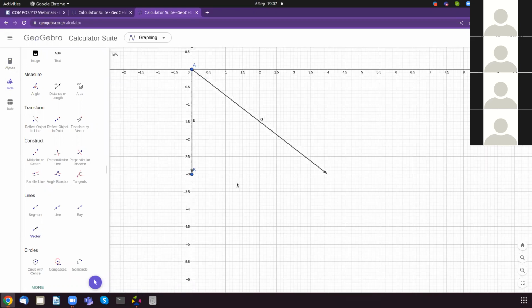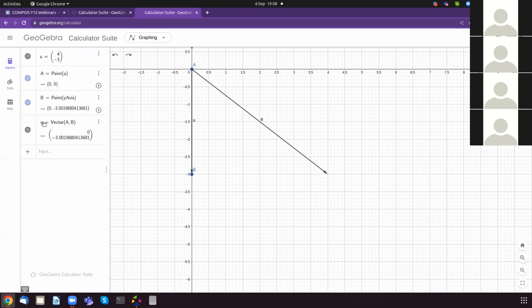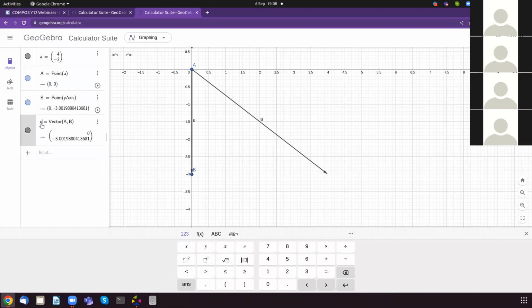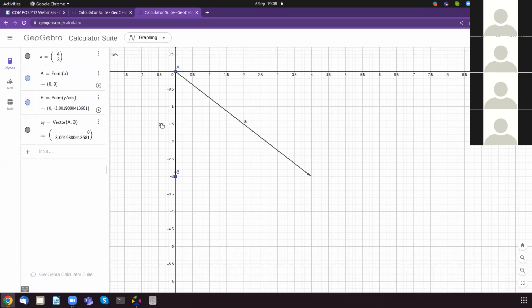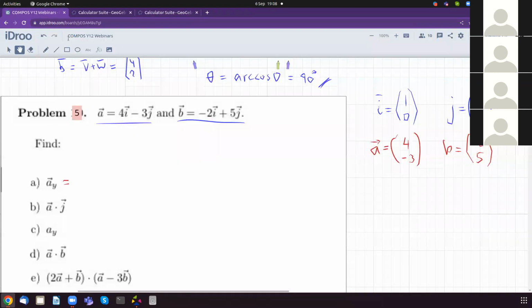And here it is. This is vector AY. And obviously it is 0 in the x direction and it's minus 3 in the y direction. So AY is 0, minus 3.